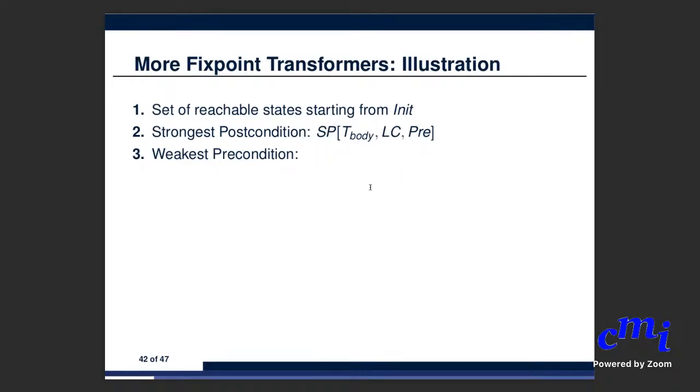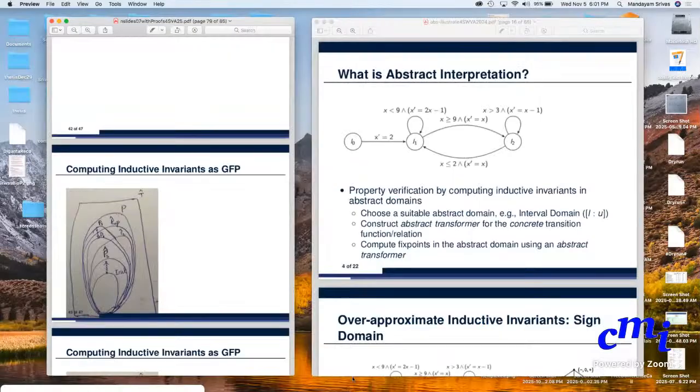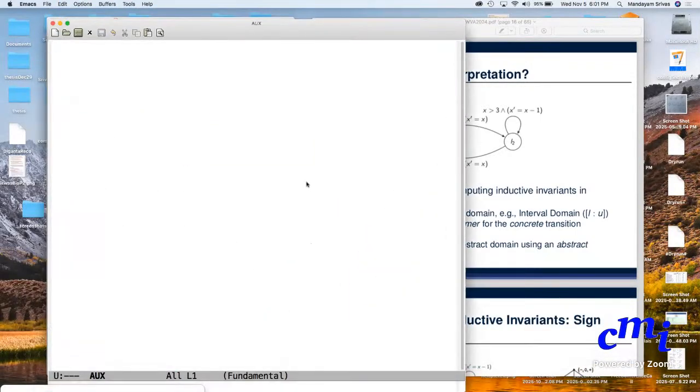Since I don't have a board here, so this will have, as parameters for a given pre, transition relation, and a loop condition.